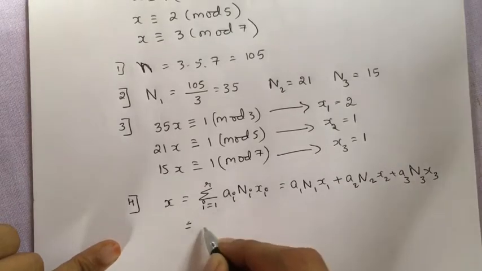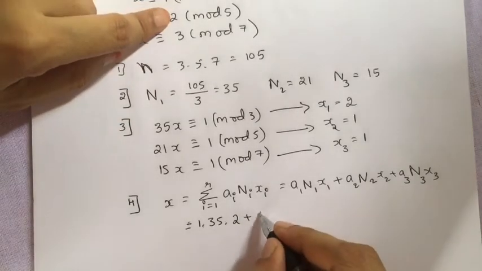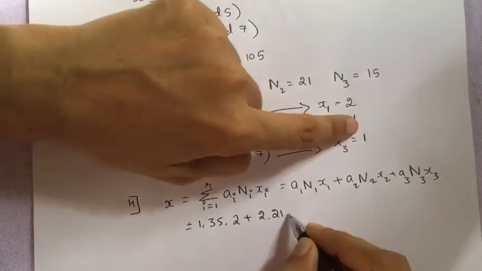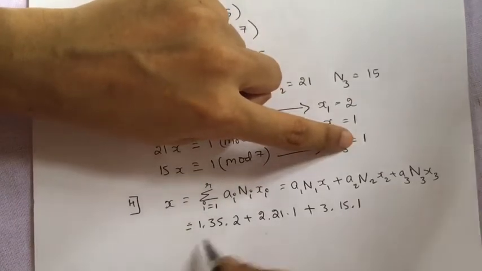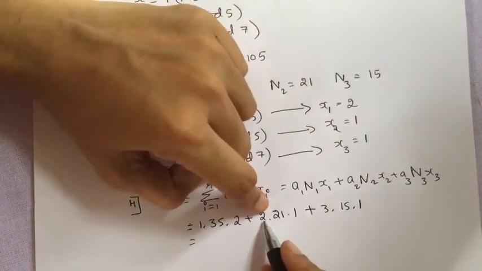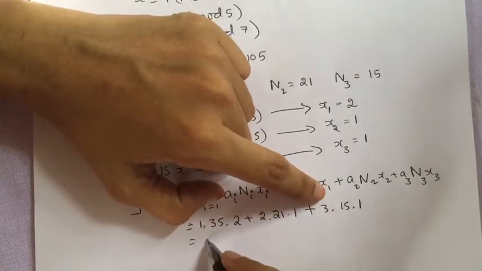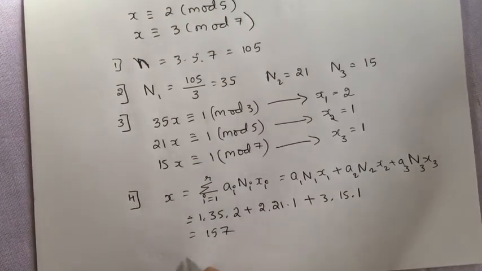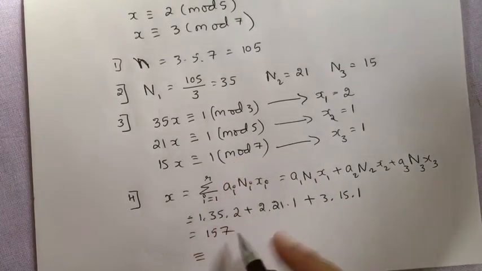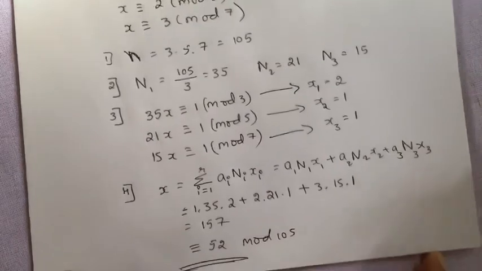So this is 1 into 35 into 2 plus 2 into 21 into 1 plus 3 into 15 into 1. So 70 plus 42 plus 45, 157, I guess. Yeah. Now this x is 157, which is congruent to 52 mod 105. So this is the solution.